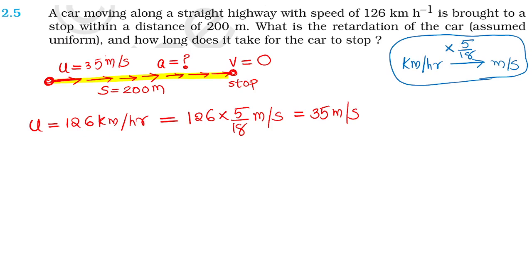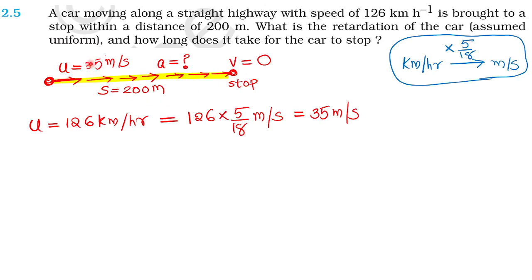Okay, anyway, all of you please listen. U is given, V is given, S is given, A is our question. U, V, A, S. Is there any formula connecting all the four letters U, V, A, S? Anybody?